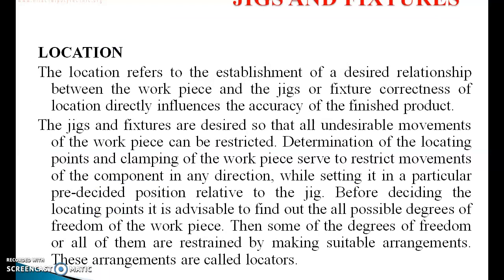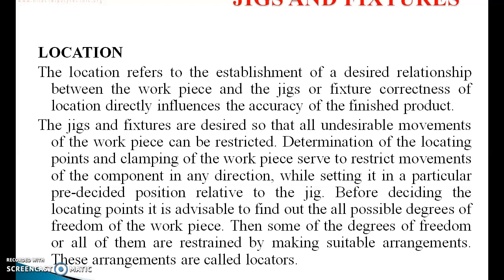So let us discuss another point, which is known as location. The location refers to the establishment of a desired relationship between the workpiece and the jig or fixture. Correctness of location directly influences the accuracy of the finished product. The jigs and fixtures are designed so that all undesirable movements of the workpiece can be restricted.